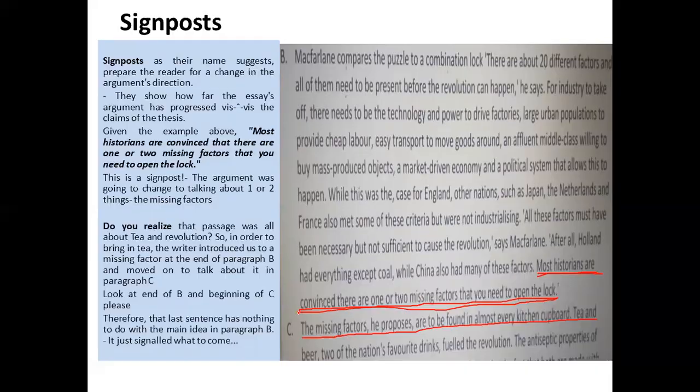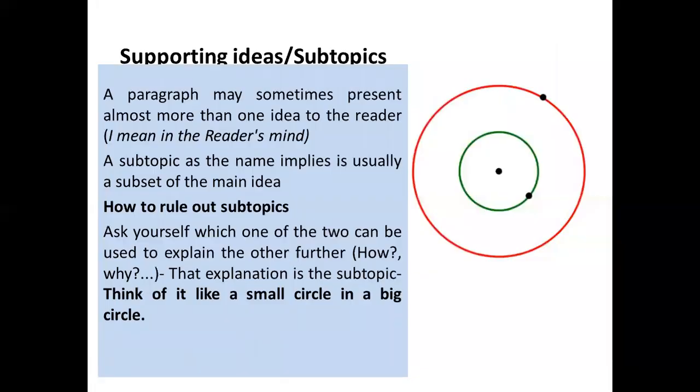Look out for them. Another thing you must look out for are supporting ideas. Because a paragraph might, in the reader's mind, seem to have more than one idea. So which one is now the topic sentence?